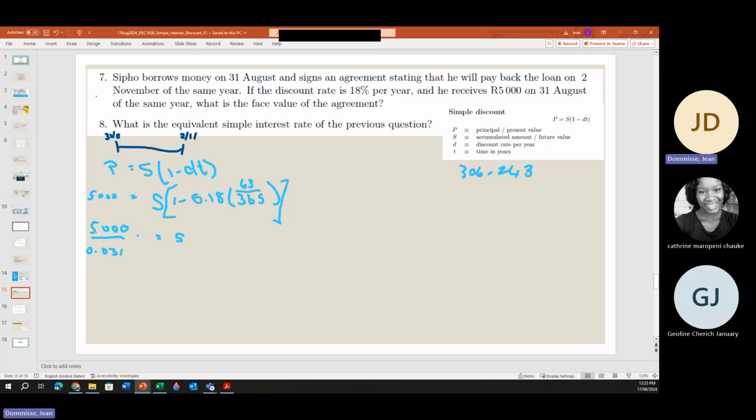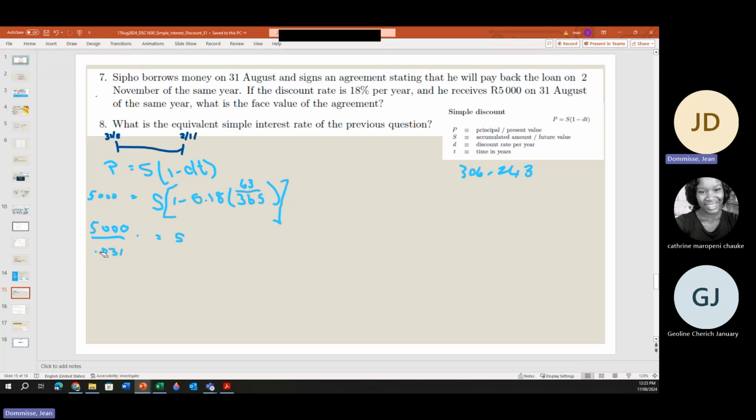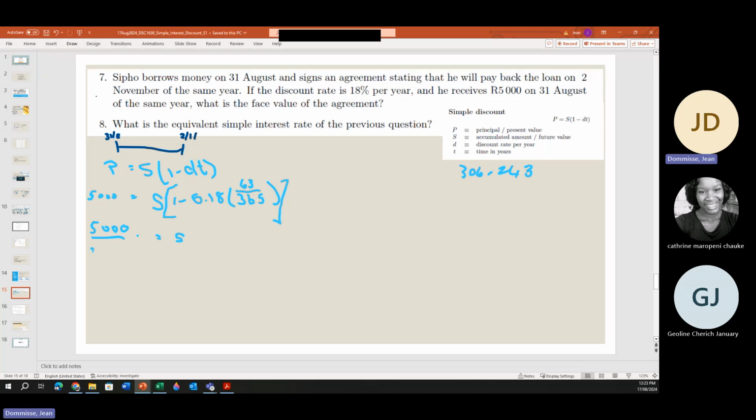So it is not divided by that. It is divided by 1 minus that. So that gives you not 0.031, it gives us 0.969.